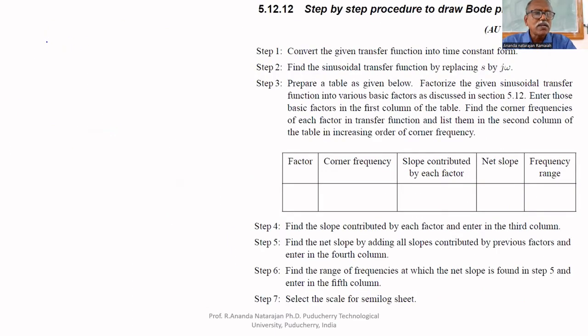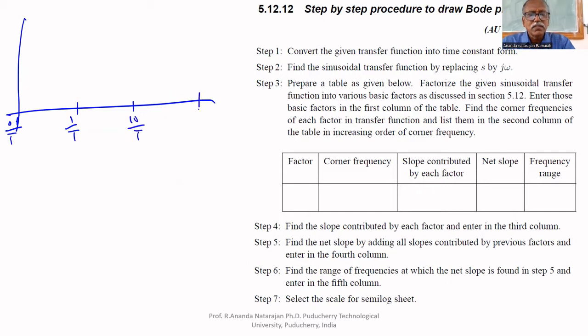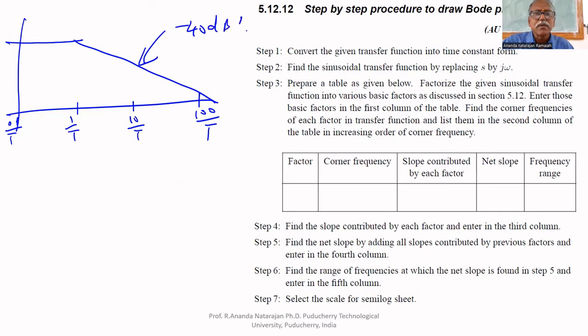Therefore, the plot is: this is 0.1 by tau, this is 1 by tau, this is 10 by tau, this is 100 by tau. Up to 1 by tau it is 0, and after that it decreases at minus 40 dB per decade.